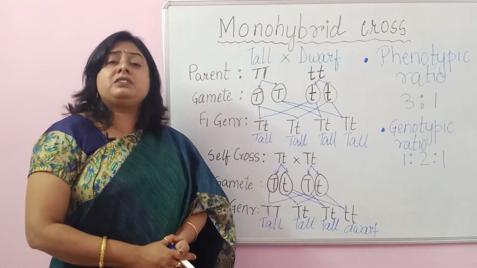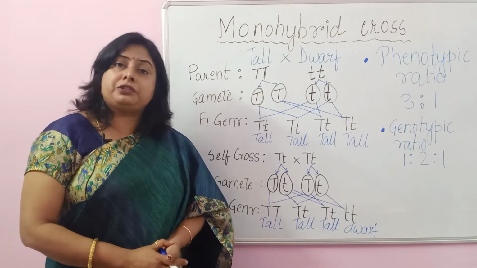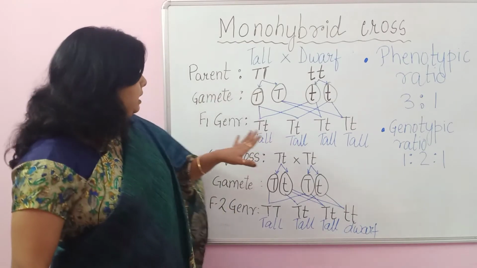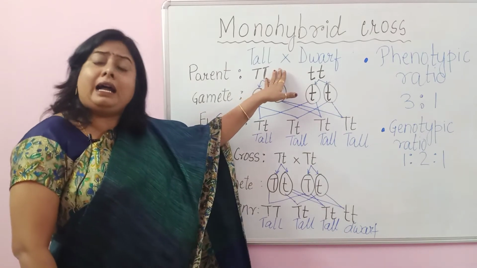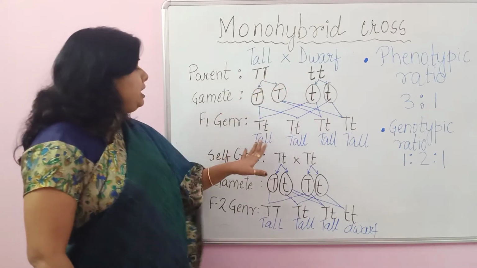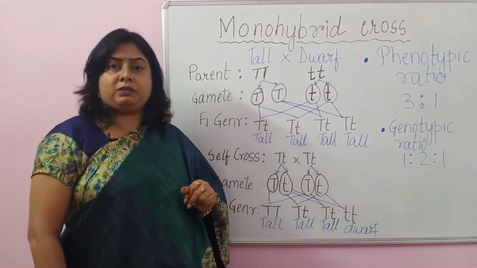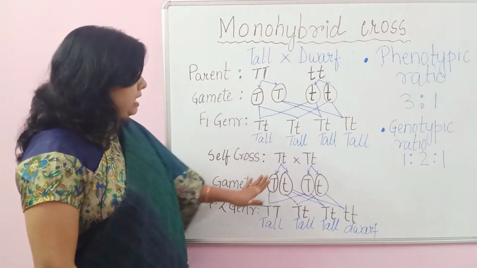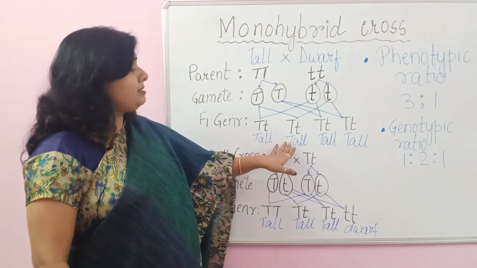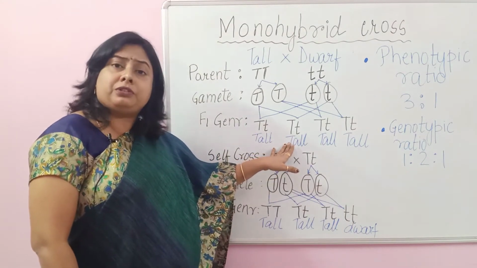This was a very surprising observation, because in the F1 generation, when he had taken the tall and the dwarf plant together, he got all the tall plants. Whereas in the F2 generation, he had taken the tall plants that he got in the F1 generation.